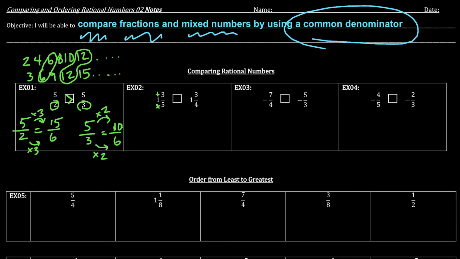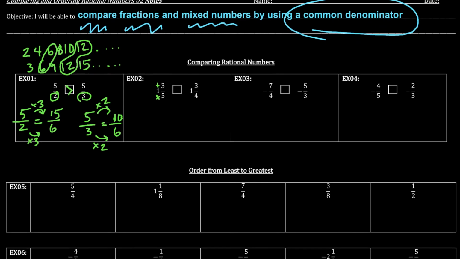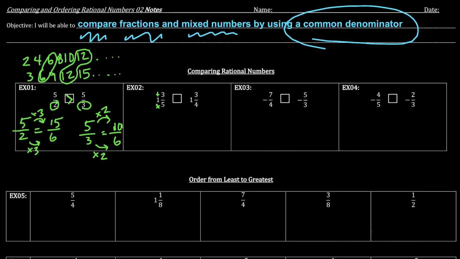We might not even need to change these actually, but let's do it anyways. So 5 times 1 is 5. 5 plus 3 is 8. So 1 and 3/5 is really 8/5. And 4 times 1 is 4 plus 3 is 7/4.